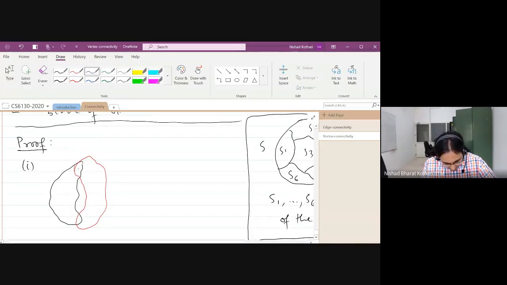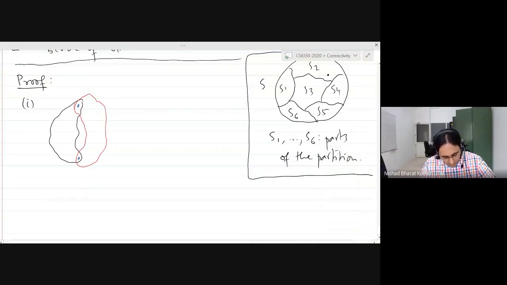So at least two vertices, V1 and V2. Let's say B1 and B2.